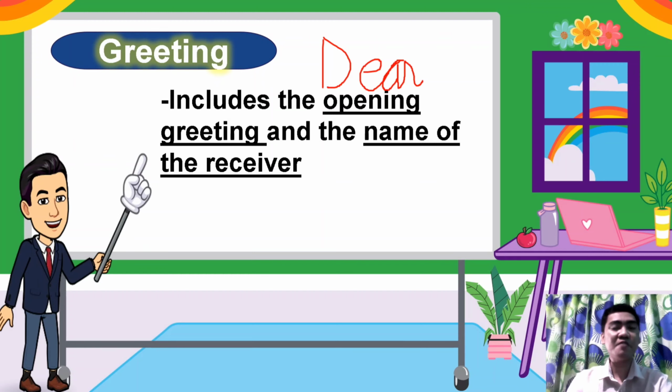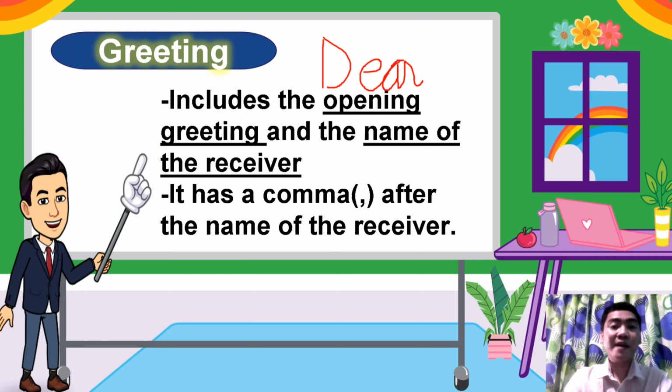So you may write dear Reese, dear John, or you may say dear friend, dear mother, dear father, dear classmate, right? And in a greeting, you must remember to put a comma after the name of the receiver.